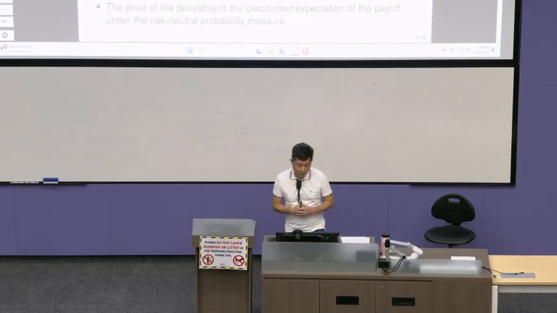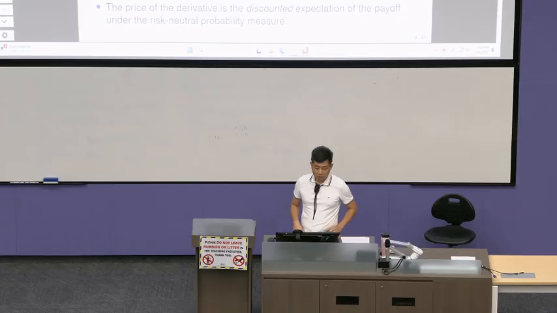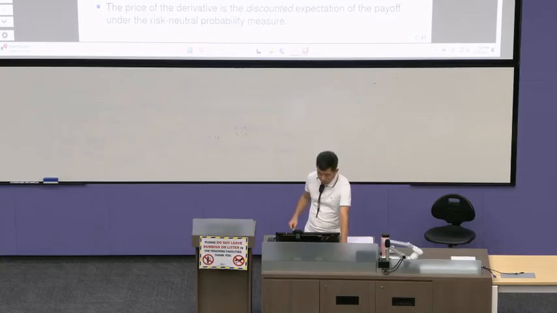Okay, next. If we assume the market is arbitrage free, the derivative at time t at the beginning can be written in this form. This is the expectation under the probability measure Q, which we defined just now: the expectation of the payoff of the option.